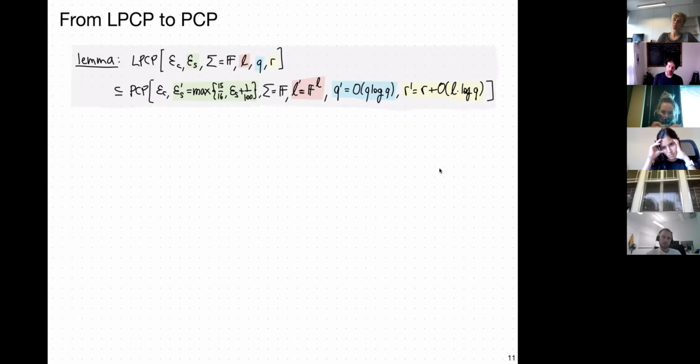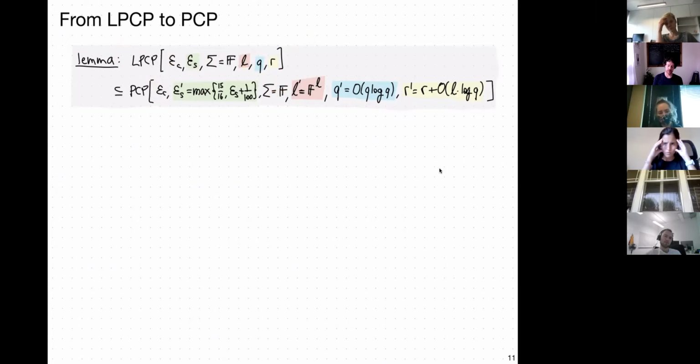It's a long equation, but it's really just to track things, so we color coded it. I'm starting with some linear PCP, and there is completeness and soundness. Completeness will stay the same. The alphabet size will stay the same.